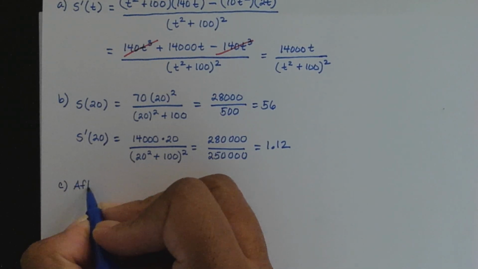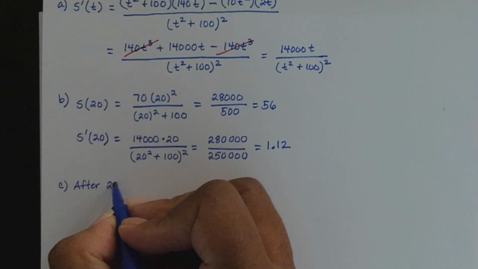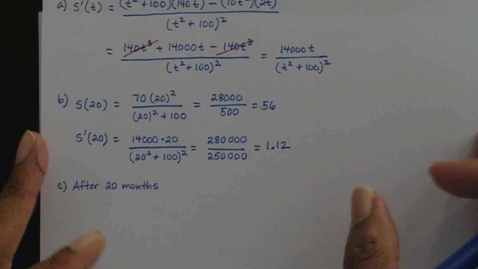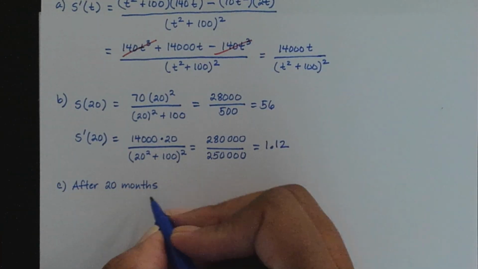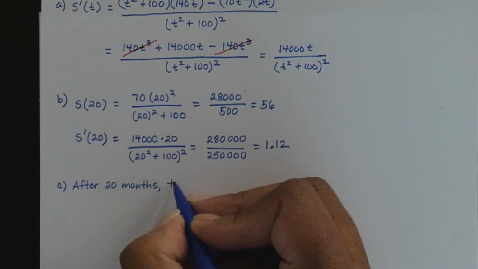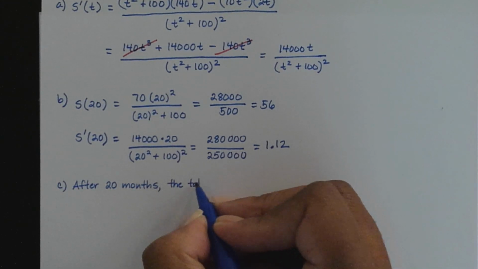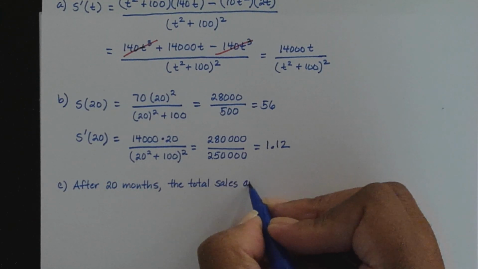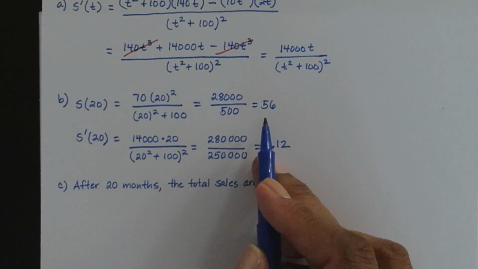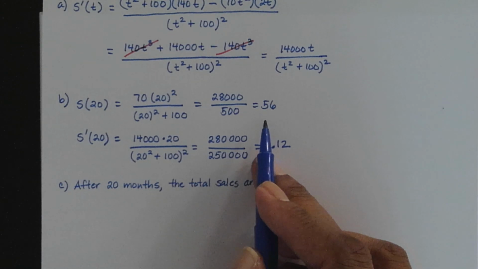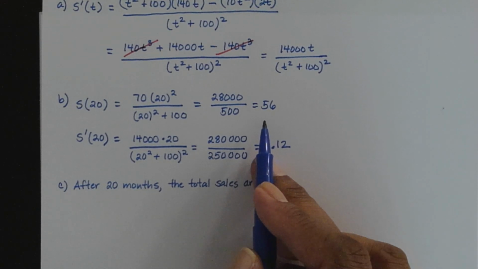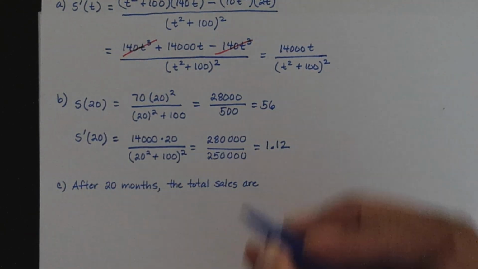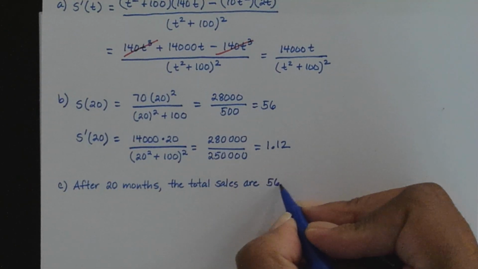After 20 months, because our t is time in months, the total sales are this: if you take 56 multiplied by 1,000, because the problem says total sales are in thousands, we must multiply 56 by 1,000 to get 56,000.